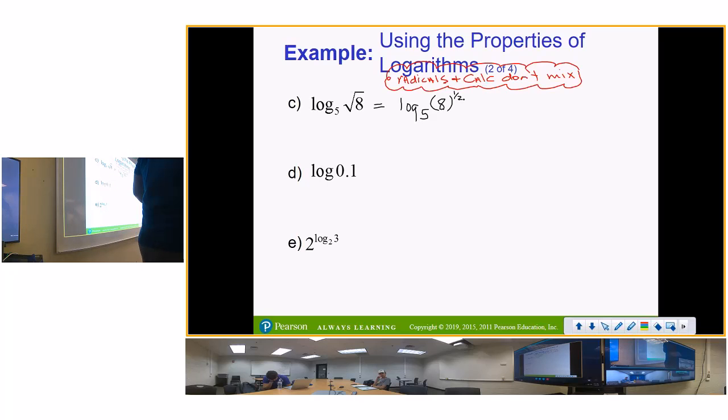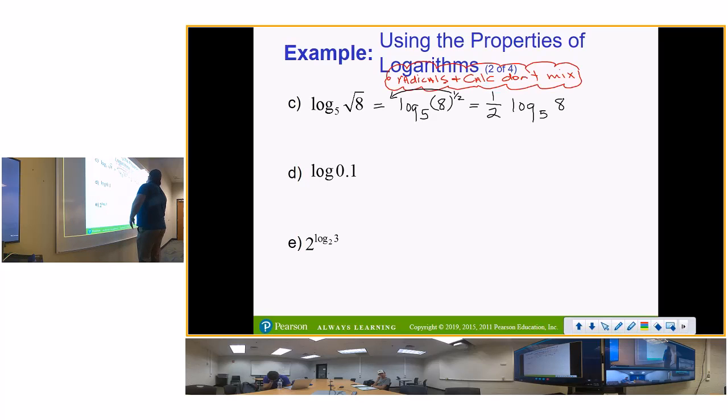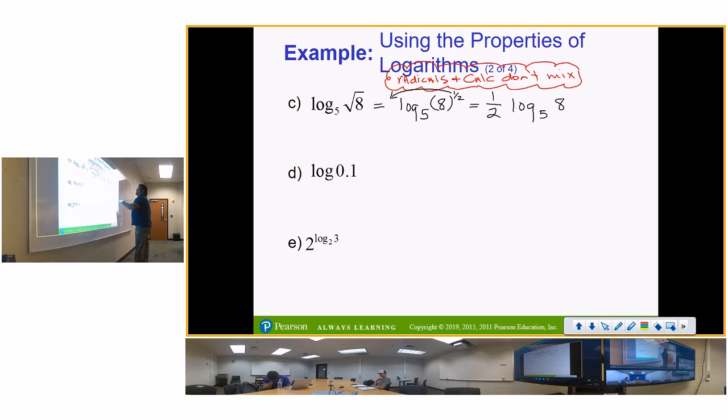Power rule says that if you have something raised to a power, you can bring that power out what? Out front. Now, of course, later on, that's going to be equal to something, and you can solve it because you can use the definition of logarithm, or you can use the change-base formula when you learn it. But see, right now, all we did was expand it.